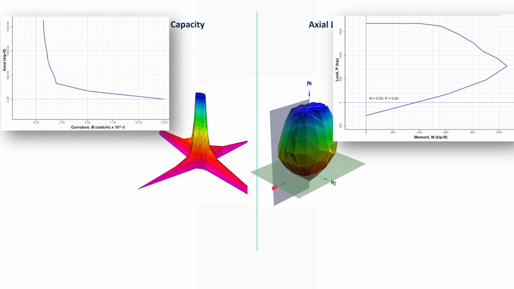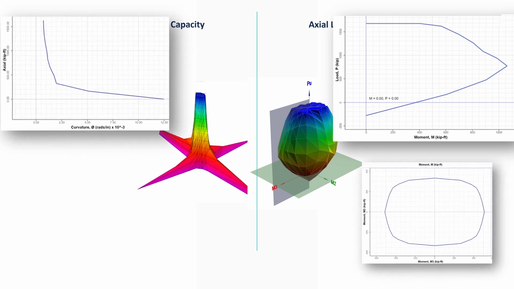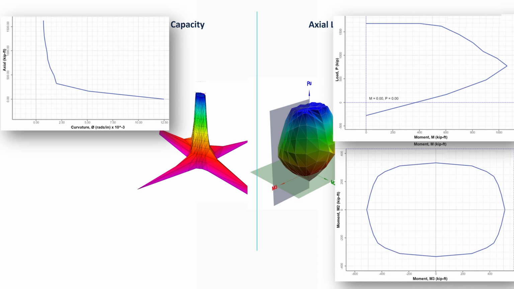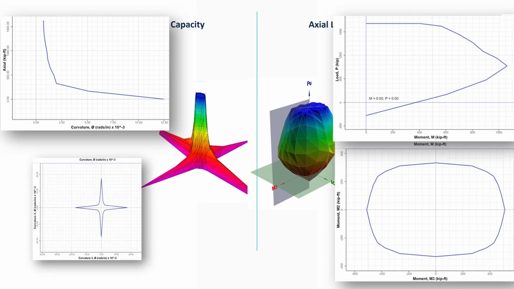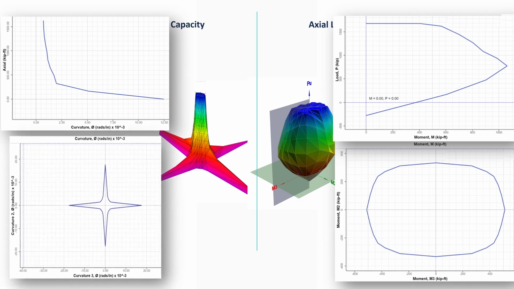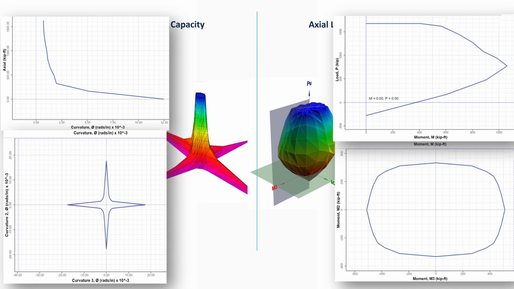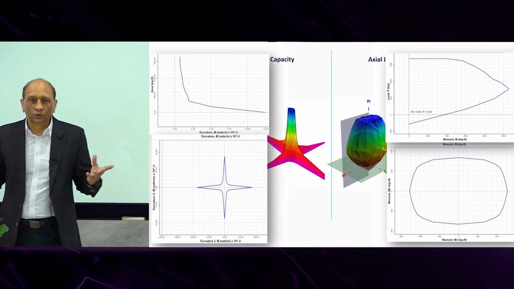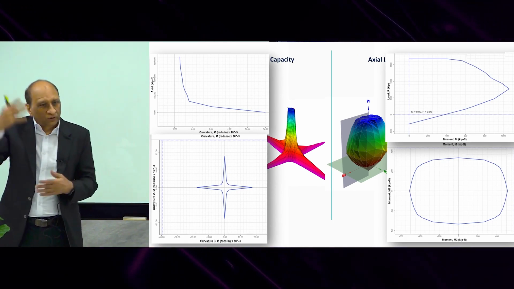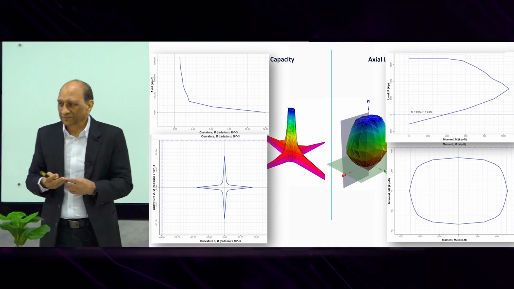And you also get a plot between 2 bending moments for a given level of P, because you can cut it horizontally. And here, you get the curvature capacity for a given level of P along the cross-section. So both of them give you a lot of information if you cut them in various directions, right?